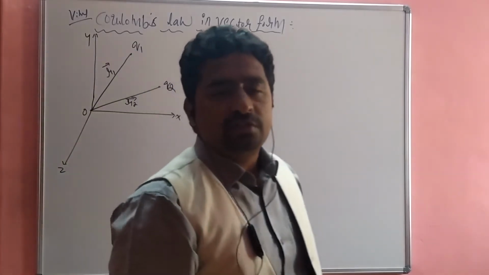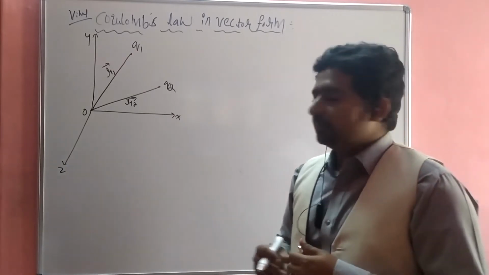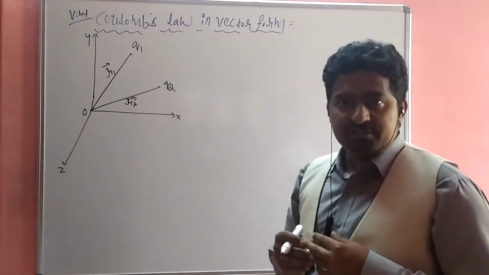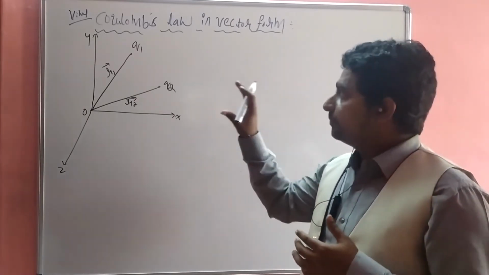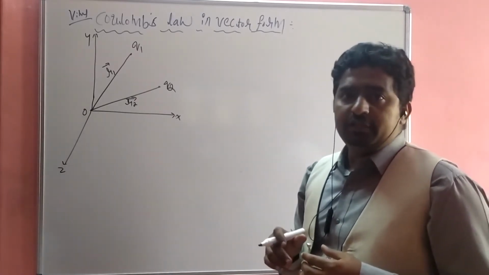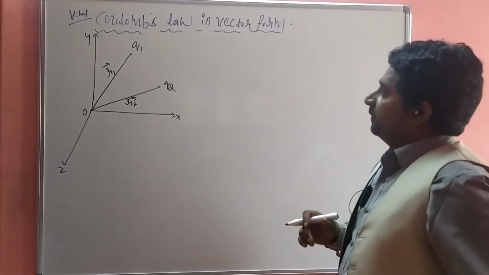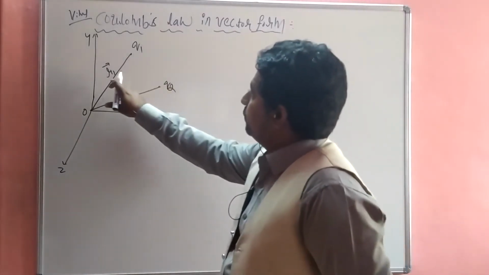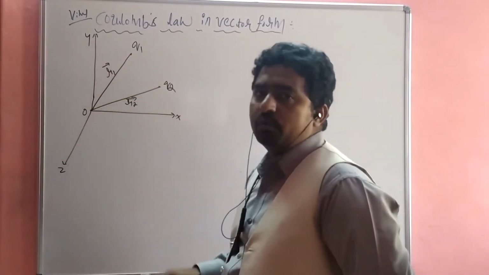The two charges are placed in the three axes because this is how to represent them in vector form. That is the reason I kept the charges in the x, y and z axes. So let's consider the position vectors R1 and R2 of the charges Q1 and Q2.